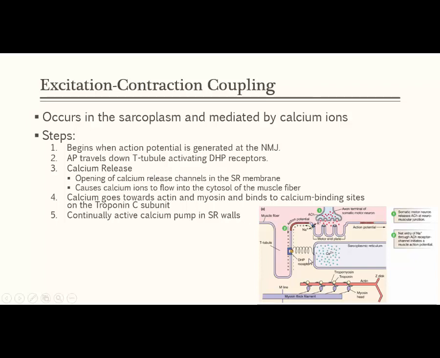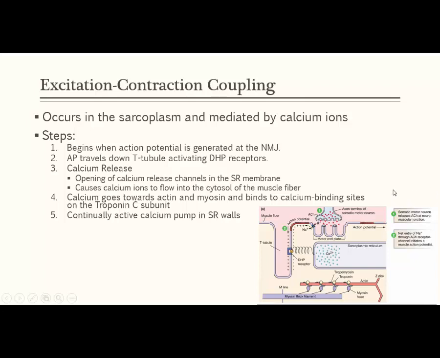They're called DHP receptors, and they cause the release of calcium by opening calcium channels in the sarcoplasmic membrane in the T-tubules. And so now calcium ions are going to flow into the cytosol of the muscle fiber, out of the sarcoplasmic reticulum.